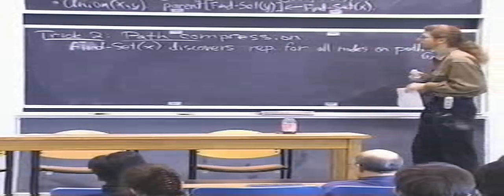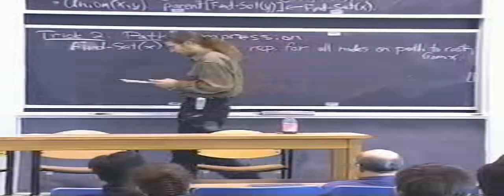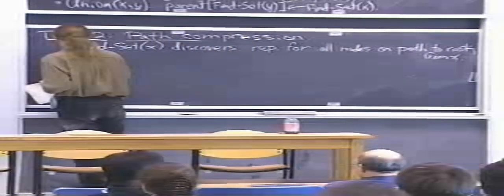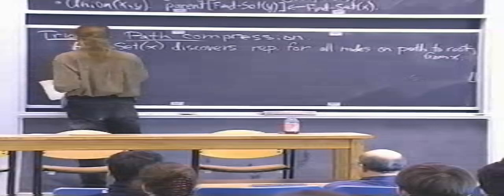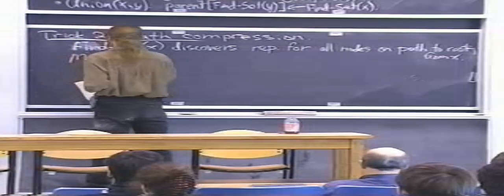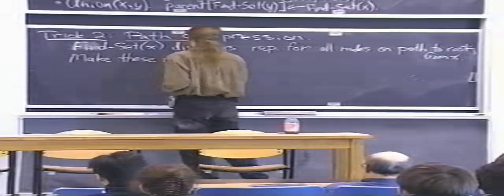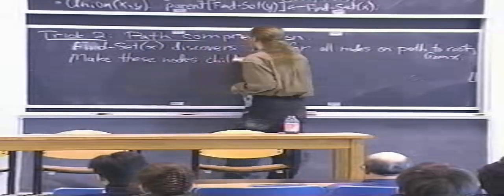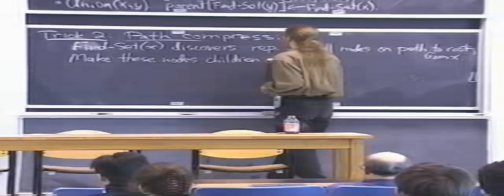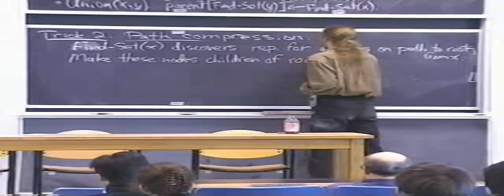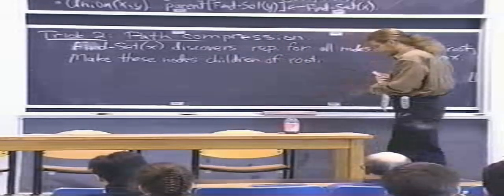That's how much it costs. So path compression, we're going to make all of these nodes direct children of the root. Easy enough.